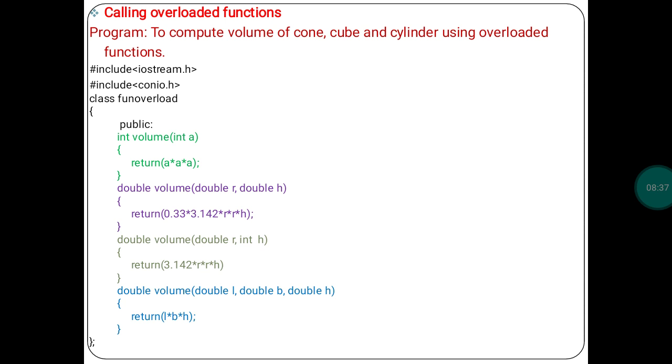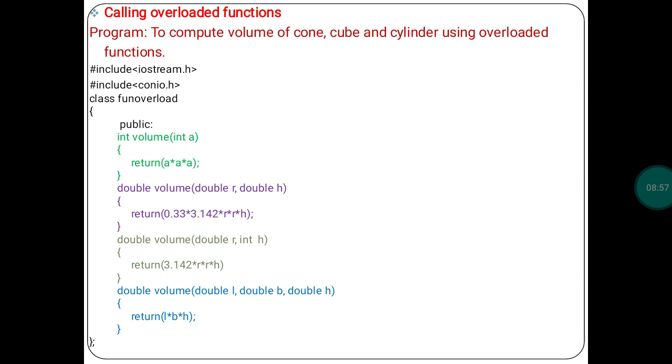Then again double volume. Again the function name is the same, the return type specifier is different: double volume, the function name is the same. Then double R, double H. So these are two arguments of double type.